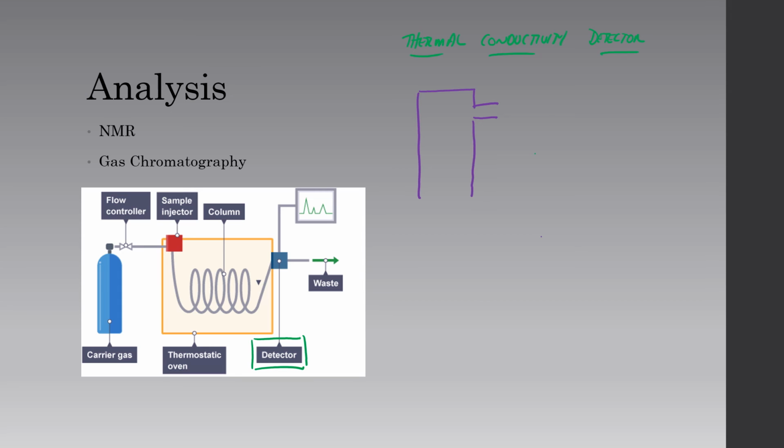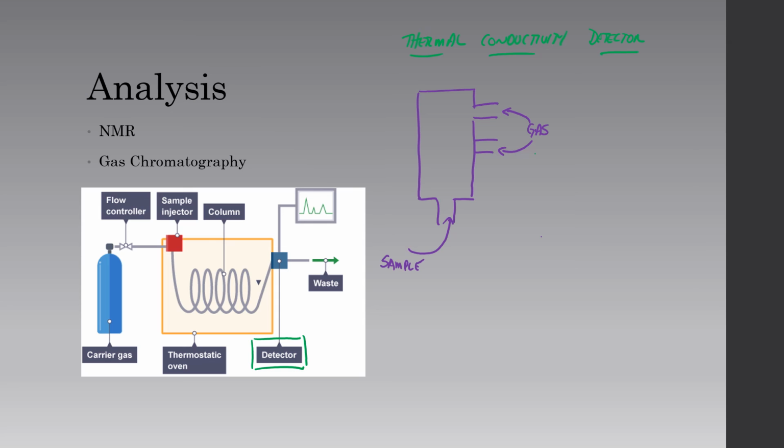So let's say we've got our detector here in purple. Okay, so our sample comes in at the bottom here. So sample at the bottom, just for instance. And then we have other ports here for gas that comes in or out to maintain the environment.